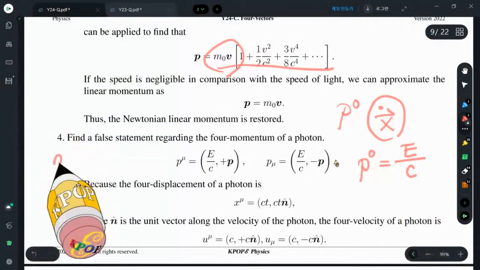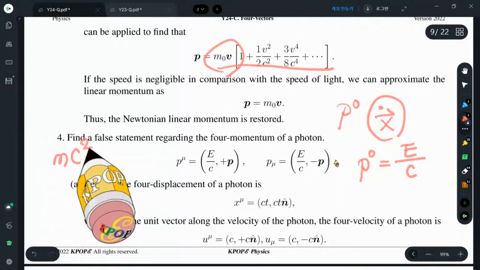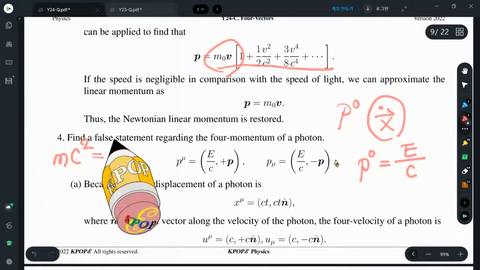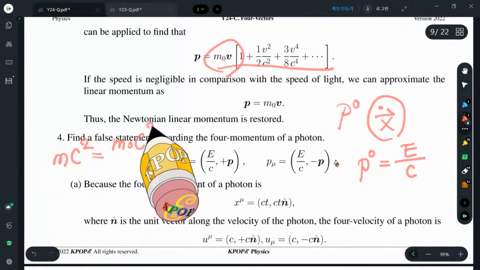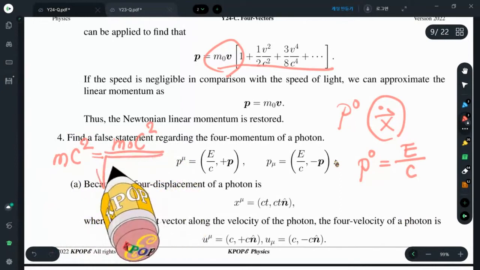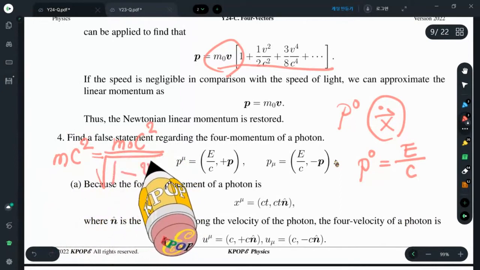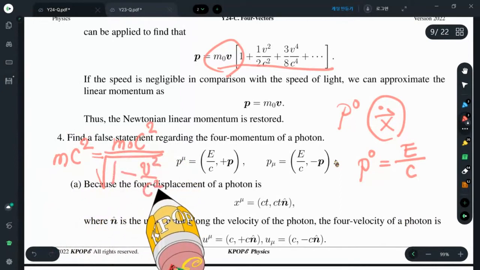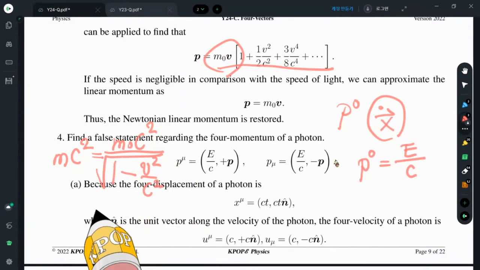That energy is mc squared, and that energy is m0 c squared over the square root of 1 minus v squared over c squared. And what is the kinetic energy?